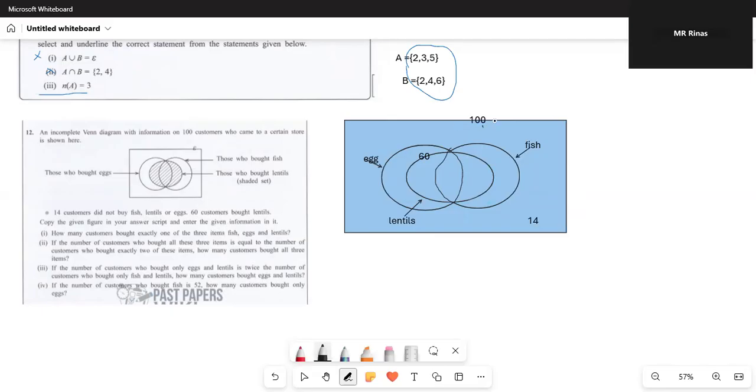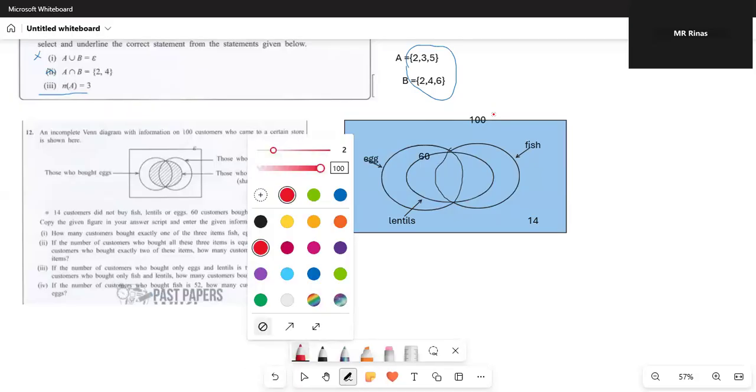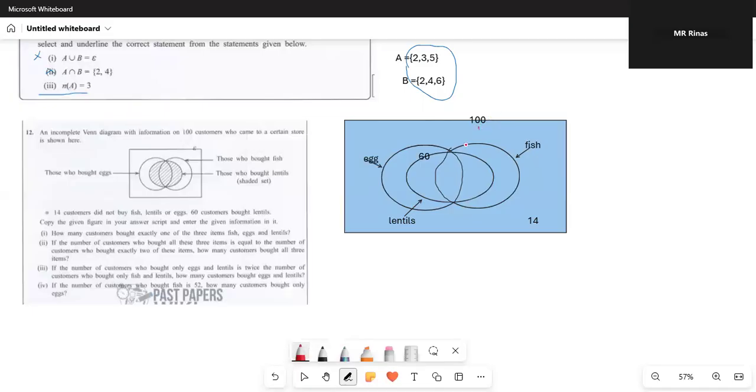So if you enter 100 for this, 60 here, and 14 for this, you will get 3 marks. Okay, if you enter this information in the Venn diagram, then you will get 3 marks. Then next we'll go to the question.